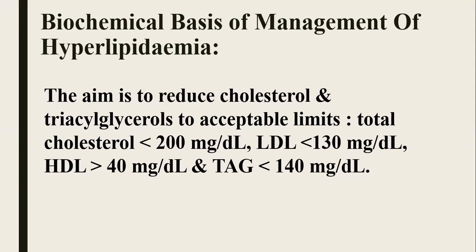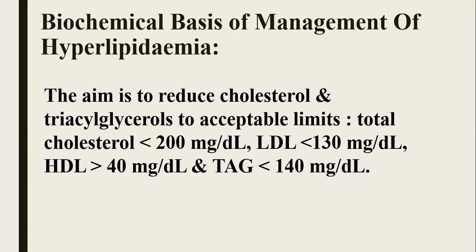Normal level of cholesterol should be managed to less than 200 milligrams. Our LDL level should be maintained less than 130 milligrams per deciliter. Our HDL level should be more than 40 milligrams per deciliter. And triglyceride level should be maintained below 140 milligrams per deciliter.